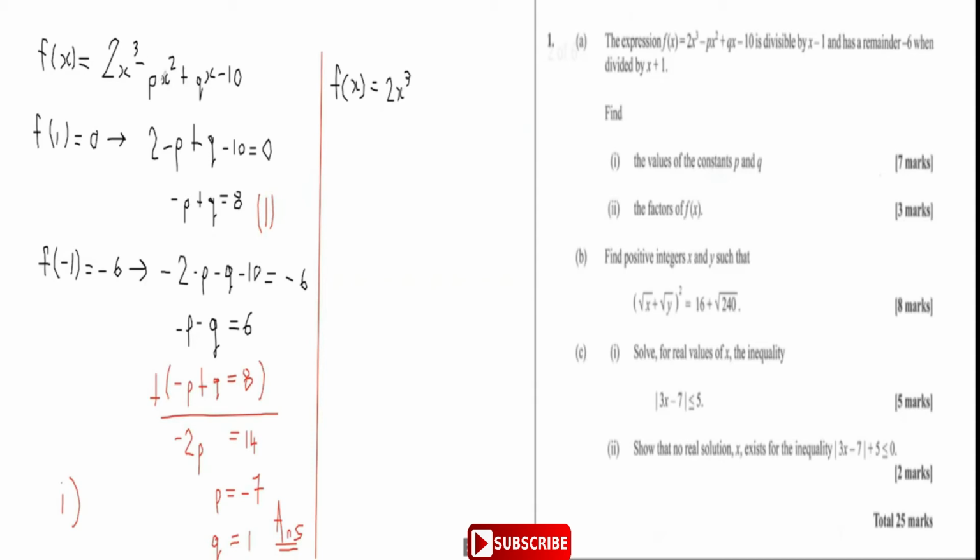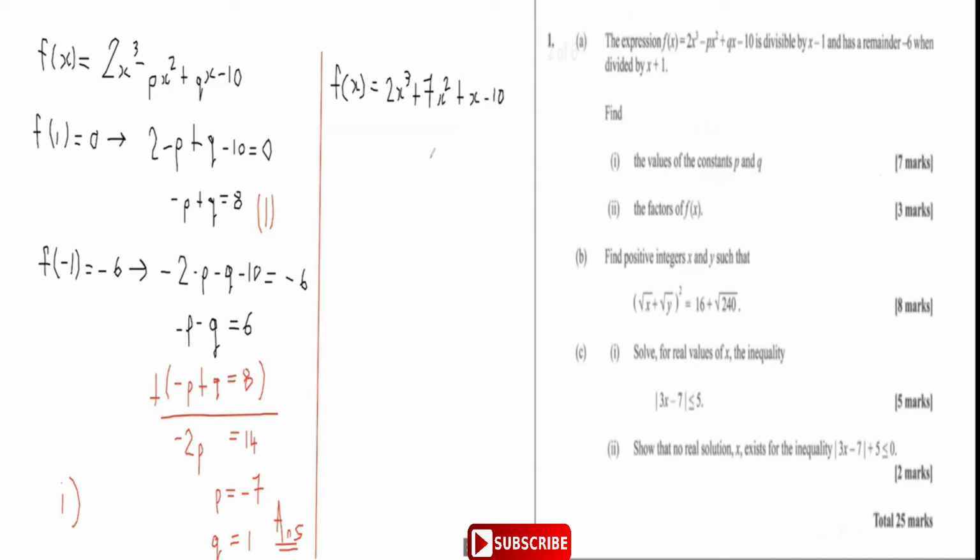Instead of minus px squared, it is minus negative 7, which becomes plus 7x squared, plus qx, but q is 1, so it's just plus x minus 10. All right, so this is f of x.